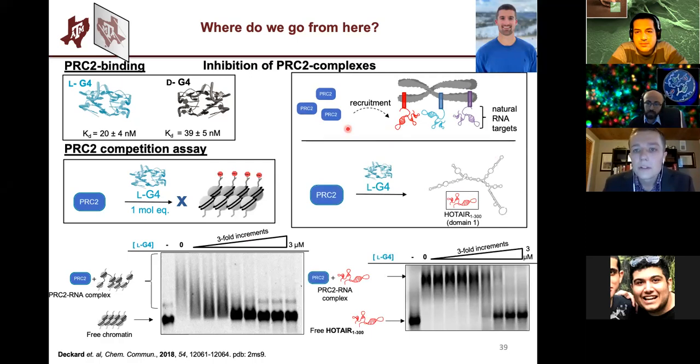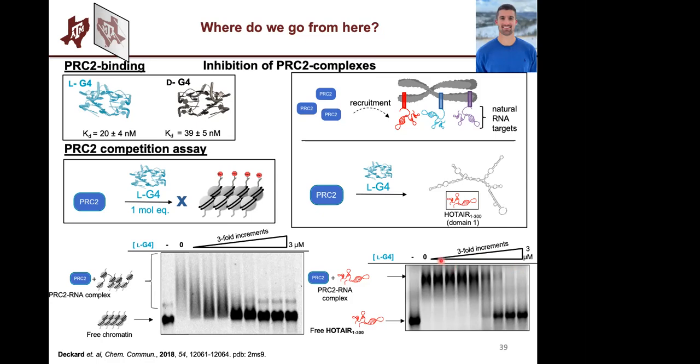So PRC2 is recruited by long non-coding RNAs, in this case HOTAIR, which also bind chromatin and recruit PRC2 among other proteins to do different things to the chromosomal DNA. And whenever Charles exposed PRC2 to this LG quadruplex, he basically could knock down the PRC2 HOTAIR complex as the concentration increased.